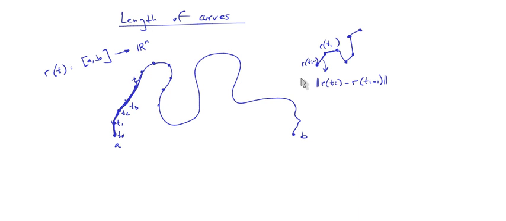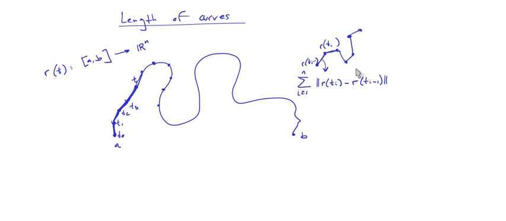So we can just sum this from i equals 1 to n, and we get an approximation of this length. Now when we refine the partition using our regular scheme, we get better and better approximations until in the limit we get the actual length of the original curve.